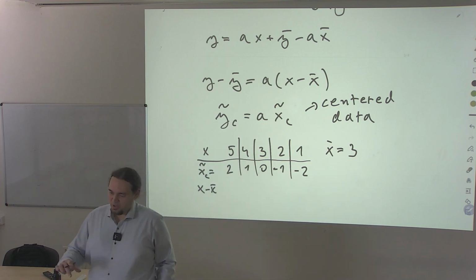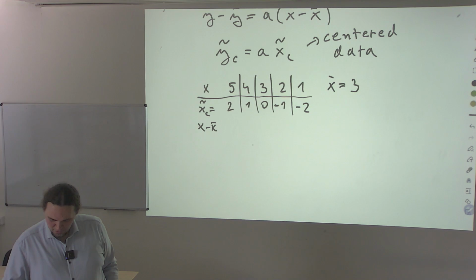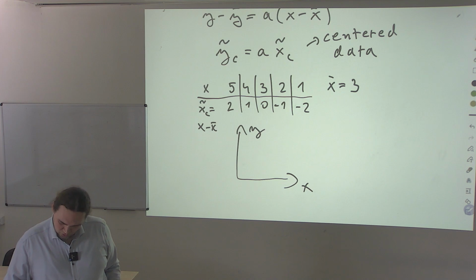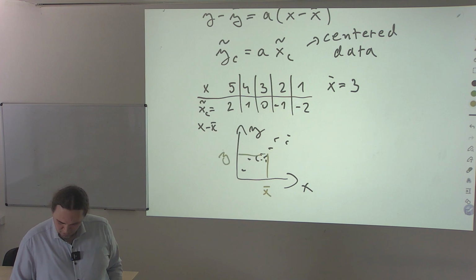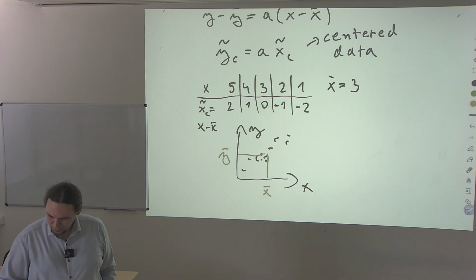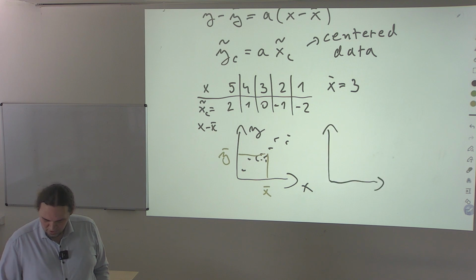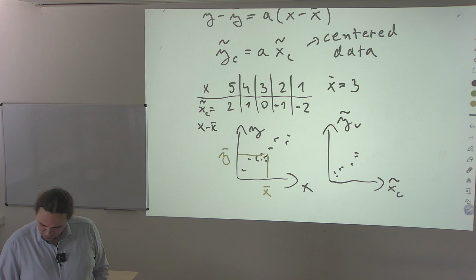So now if our data x and y would look like this, and we have the mean of x here, and of course the mean of y here, then in our centered coordinates the data would look the same, but there will be 0 here and 0 here.